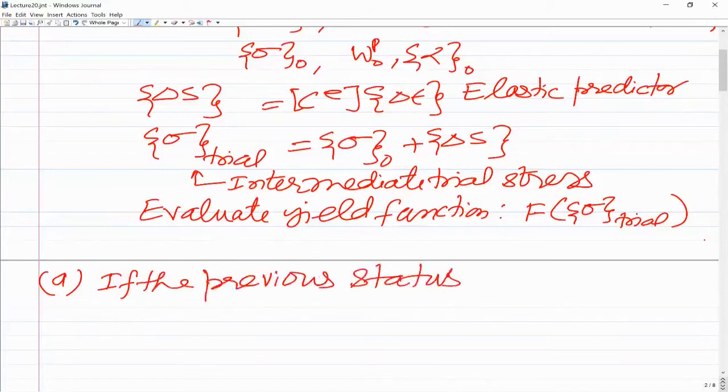So now you have to store these variables at every Gauss point of each element. So only then can you get these.